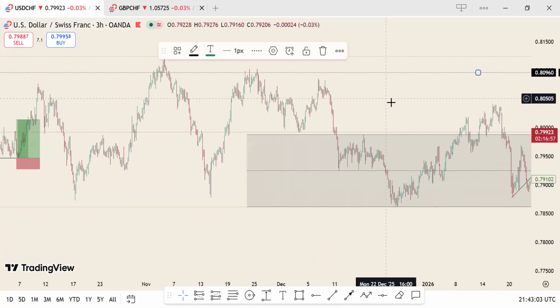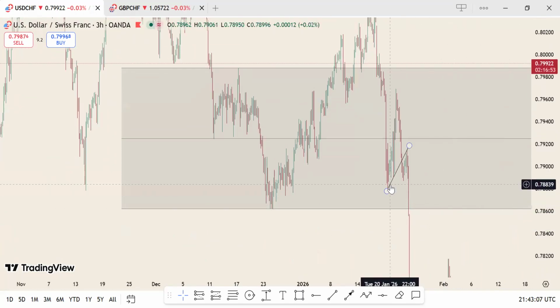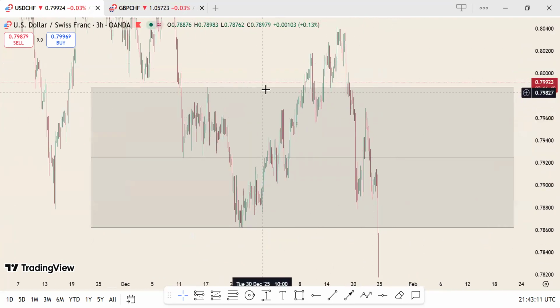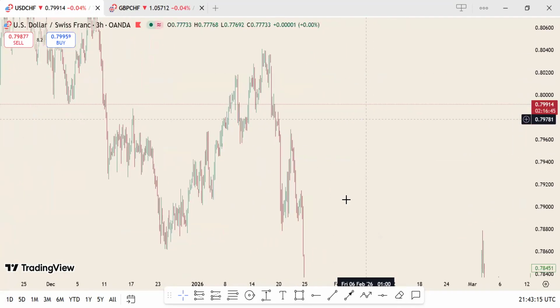Okay, I think it was somewhere around here. I wanted a reaction trade. So look at this whole mess up here.